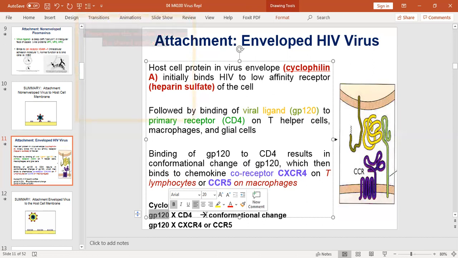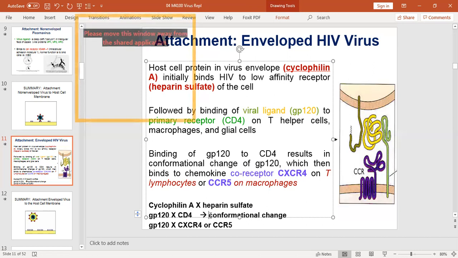This binding results in a conformational change of GP120, which allows GP120 to bind to two different types of chemokine co-receptors on the surface of T lymphocytes called CXCR4 or on the surface of macrophages called CCR5.